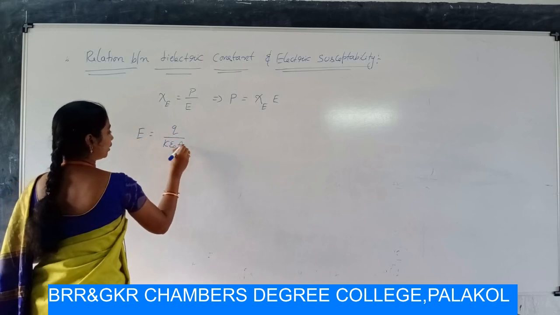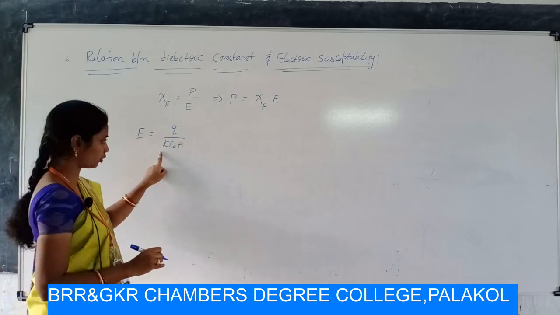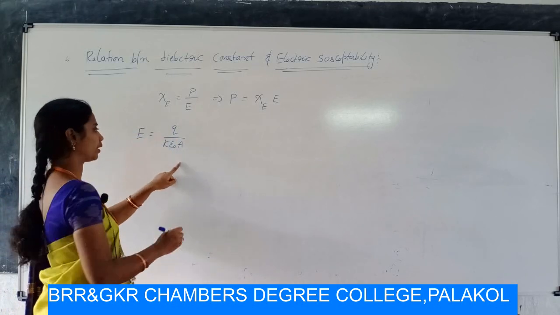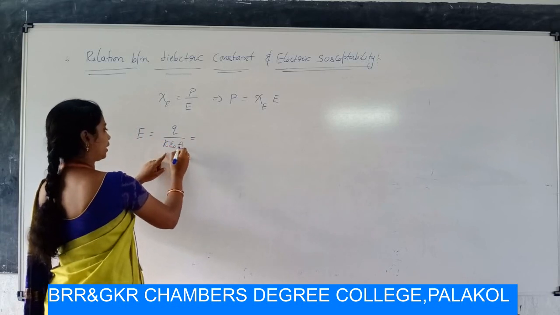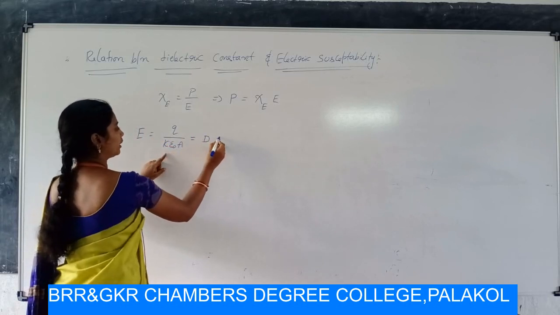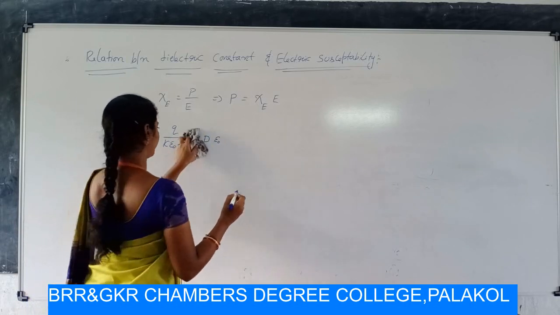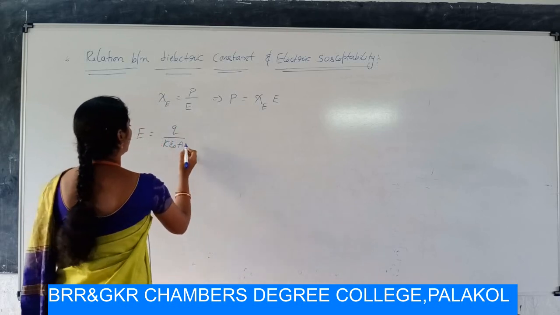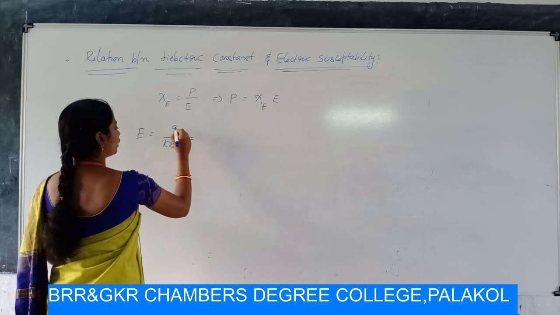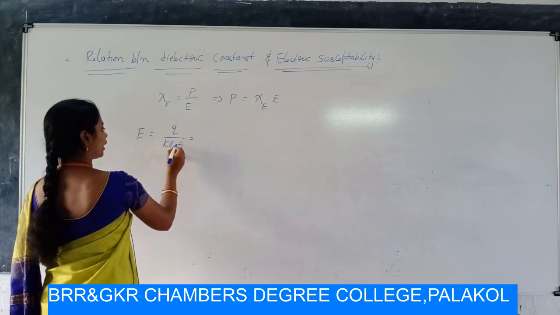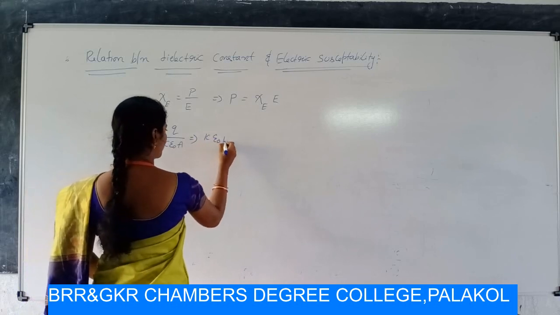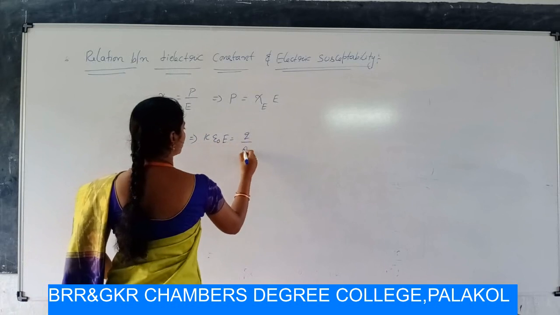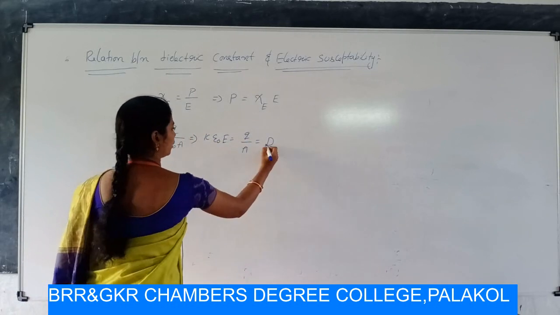Applying this for dielectric material with dielectric constant K, E equals Q by K epsilon naught A. Putting this to the other side, K epsilon naught E is equivalent to Q by A, which is nothing but electric displacement D.